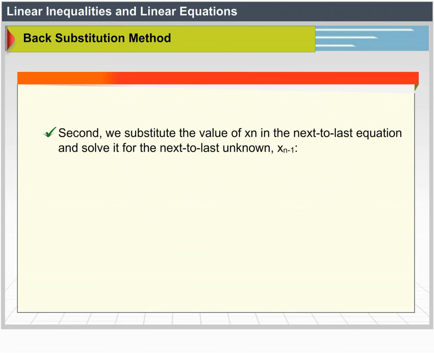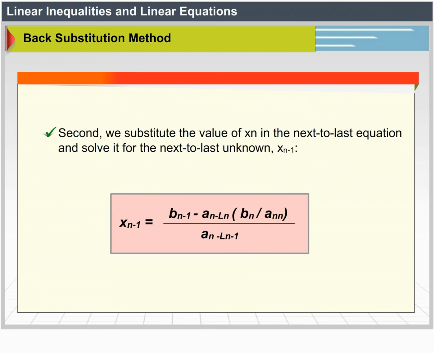Second, we substitute the value of xn in the next to last equation and solve it for the next to last unknown xn minus 1. xn minus 1 is equal to bn minus 1 minus an minus 1 comma n times bn by ann, divided by an minus 1 comma n minus 1.